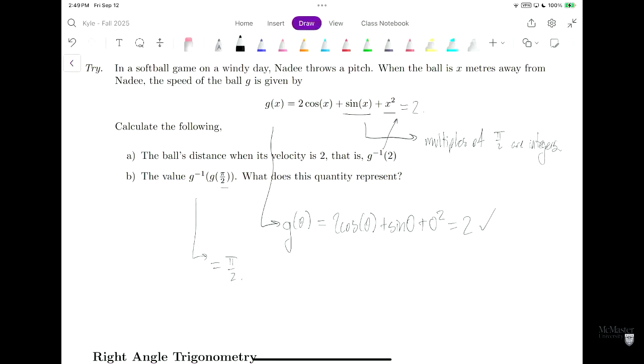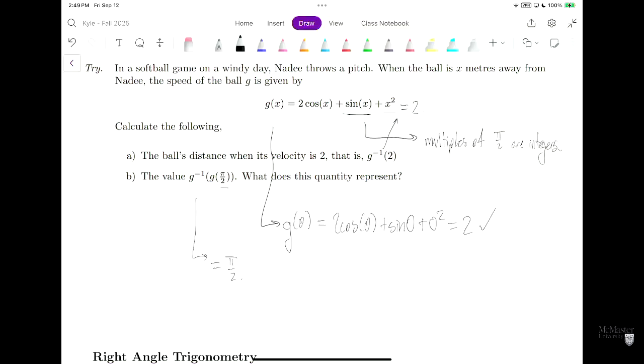Yes? Yeah, exactly. So in general, what you might have to do is check to make sure that our function application is valid, right? So when we take g of pi over 2, we want to make sure that when we take the inverse, it's going to be within its range.